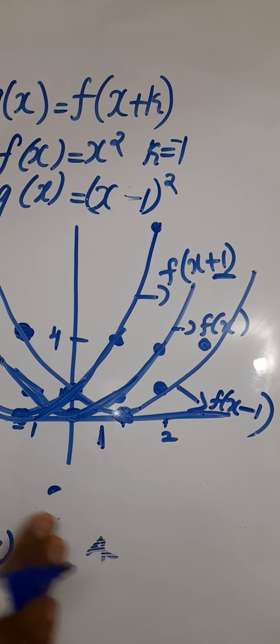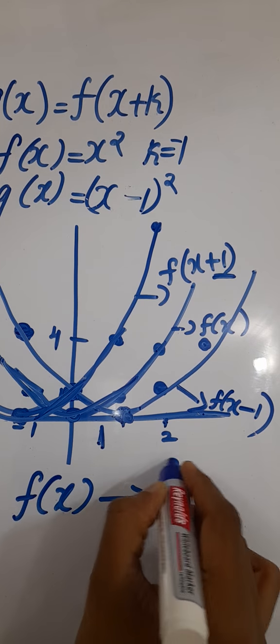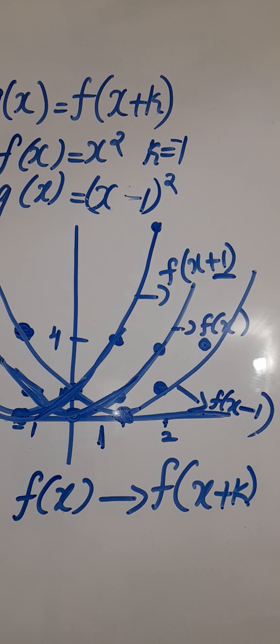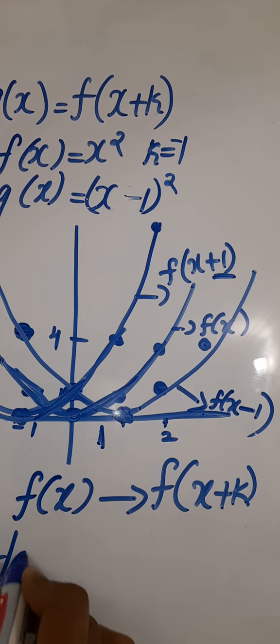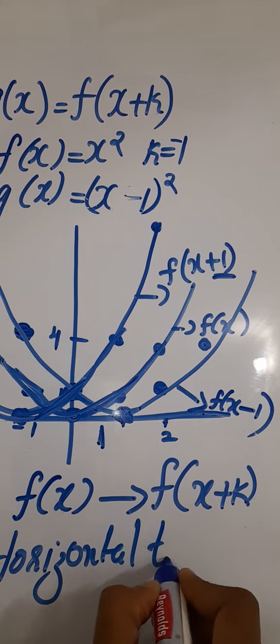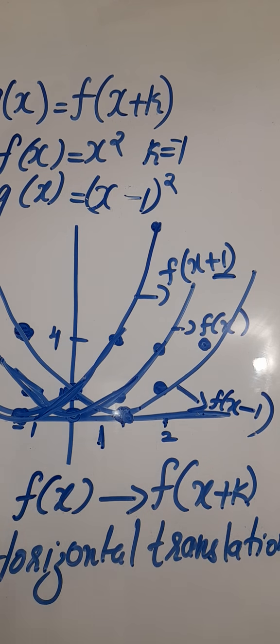Let us try to generalize it. When f of x transforms to f of x plus k, what kind of a transformation do we observe? We see a horizontal translation.